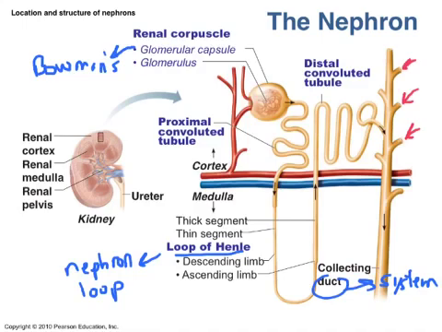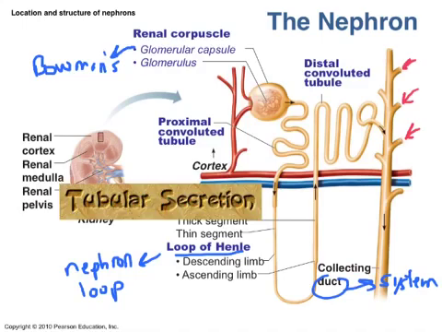The third process in urine formation is tubular secretion. Tubular secretion is where your kidneys take items that either weren't in the filtrate or items that had been reabsorbed and secretes them back into the urine. So it's moving substances out of the interstitial fluid back into the urine.